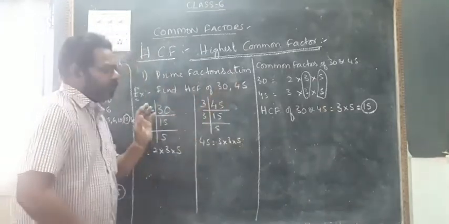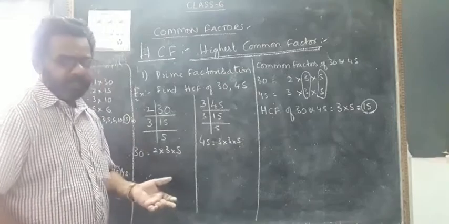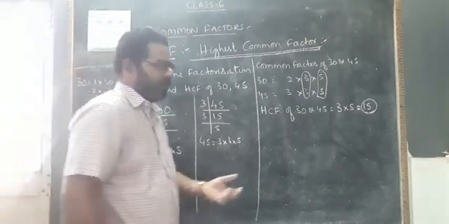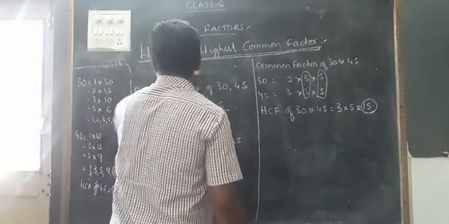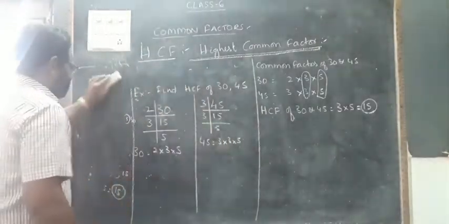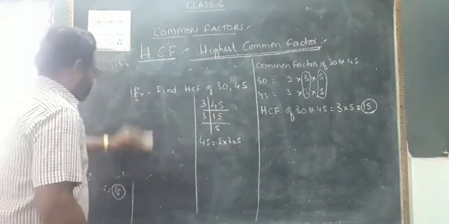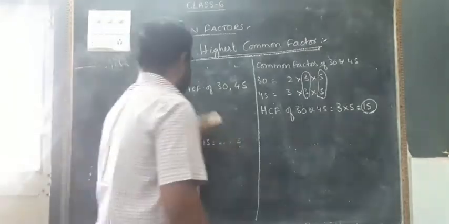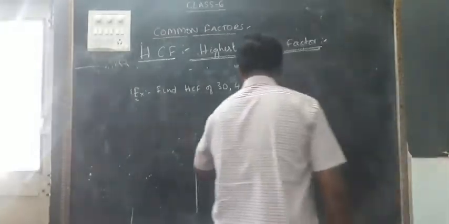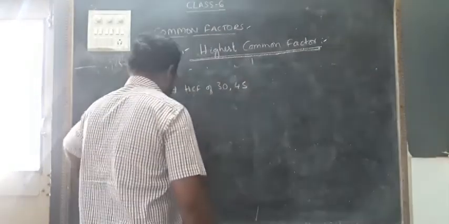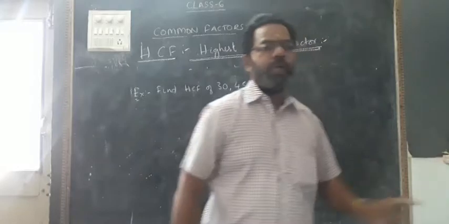Okay. So next, another method is there. That is called the division method. The second method, for the same numbers, we will take the division method. How to find the highest common factor by the division method? No need to get confused, because I have given you two numbers only.